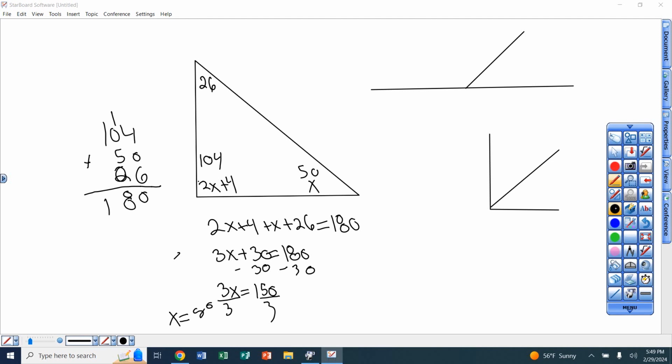Supplementary adds up to be 180, right? I do not think I spelled that right. Good job, close enough. And then this is complementary, which adds up to be 90.